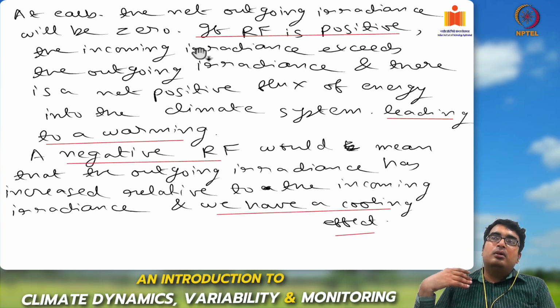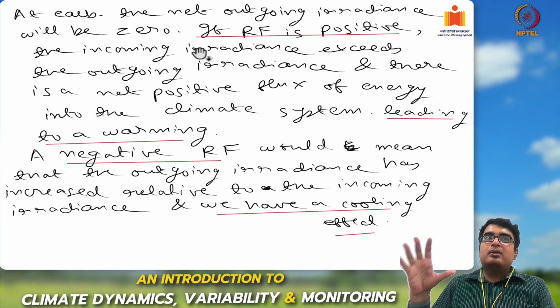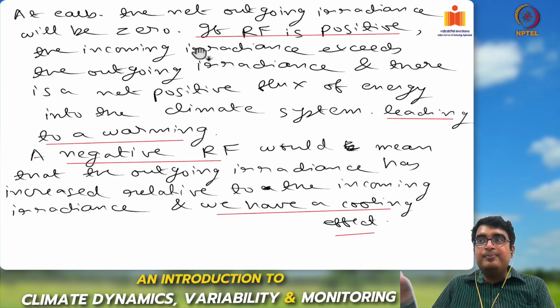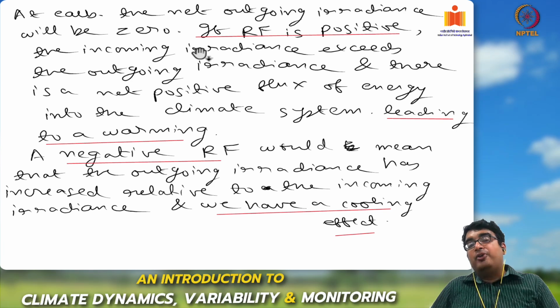So, components of the atmospheric system with a positive radiative forcing will cause an increase in temperature if their concentrations increase. In contrast, a negative radiative forcing would mean that the outgoing irradiance has increased relative to the incoming irradiance and we have a cooling effect. So, constituents with a negative radiative forcing effect would mean that increasing their concentration will cause a net cooling effect in the Earth system.